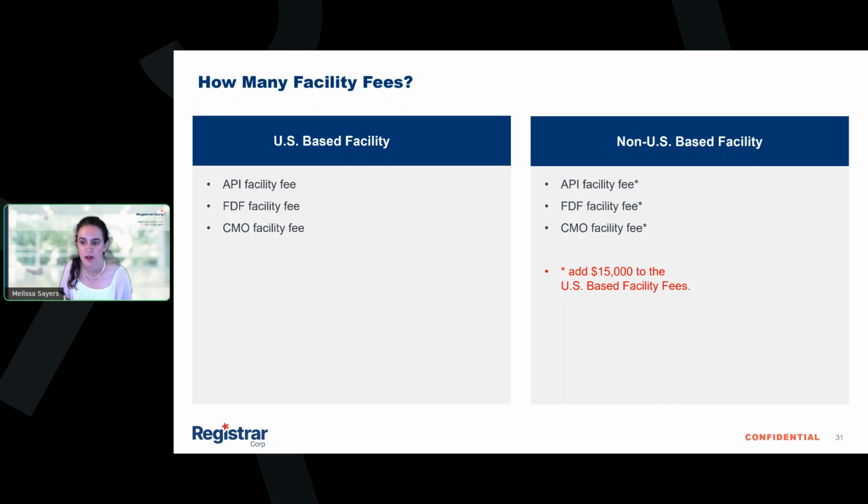This extra fee covers the increased costs, as we've mentioned, for FDA's inspections outside the United States. So, if your facility is located outside the United States, be sure to account for this higher fee when budgeting for compliance. The fee structure applies to all relevant facility types, and the additional cost is a key consideration for global manufacturers. Understanding these differences ensures your organization remains compliant and avoids unexpected expenses as much as possible.